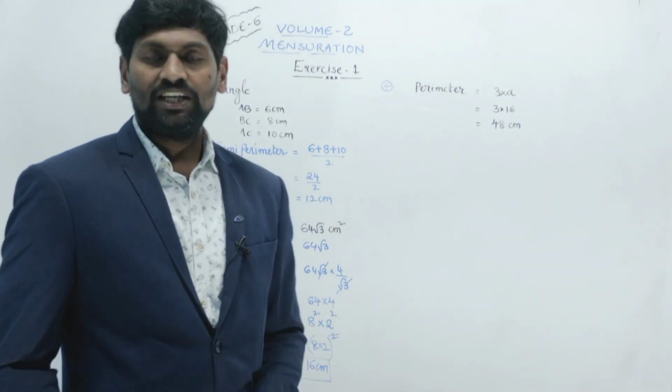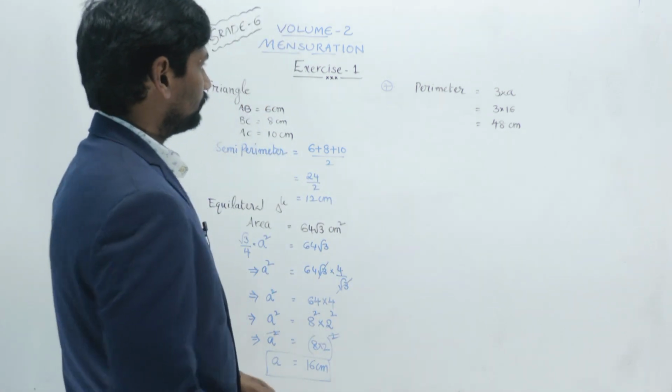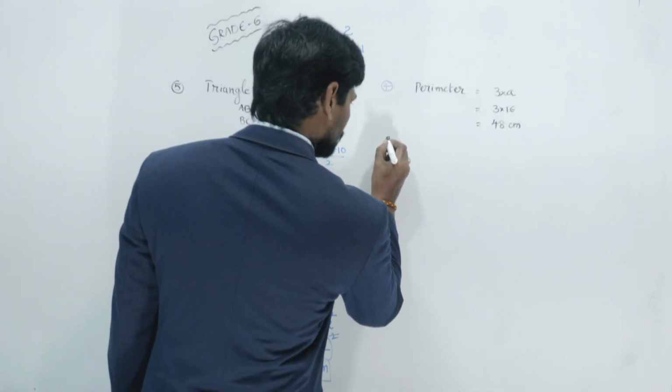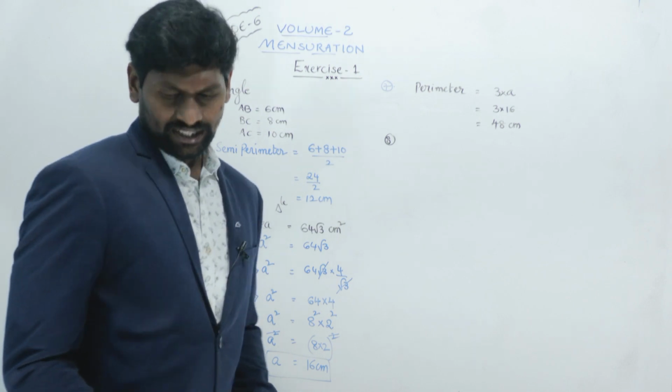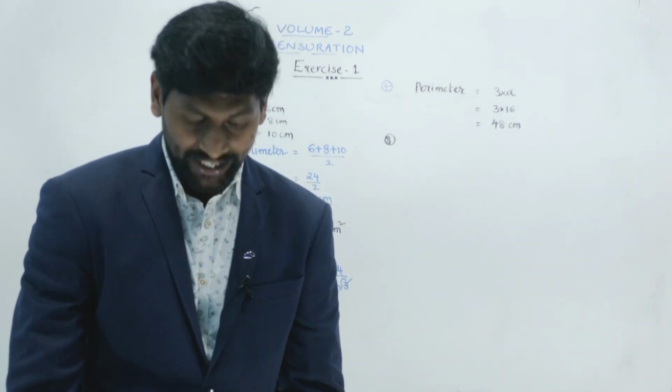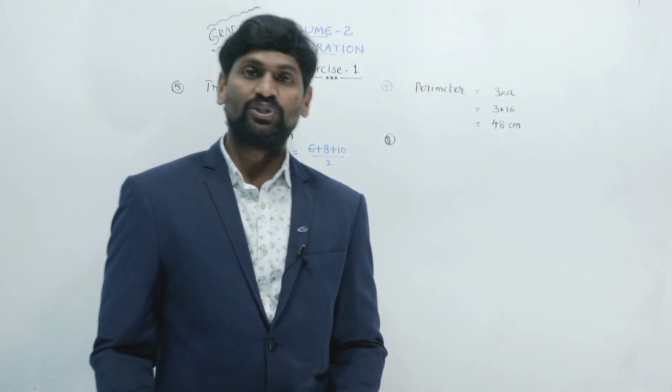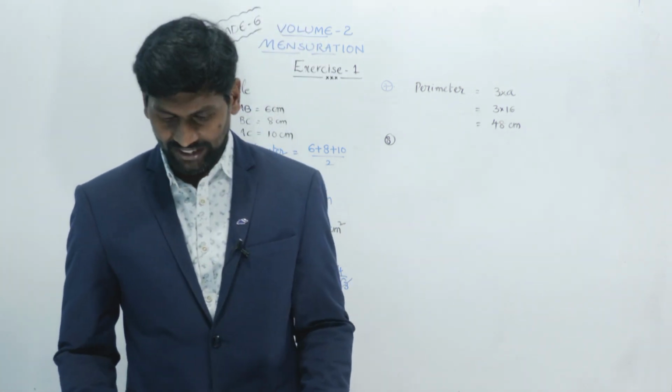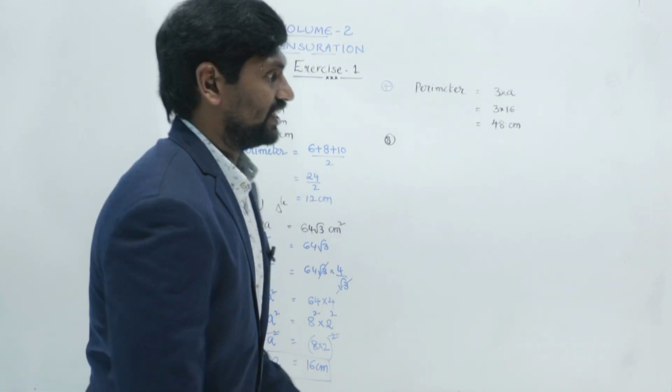Now let us go to problem number 8. The ratio of length and breadth of a rectangular field is 4:3.